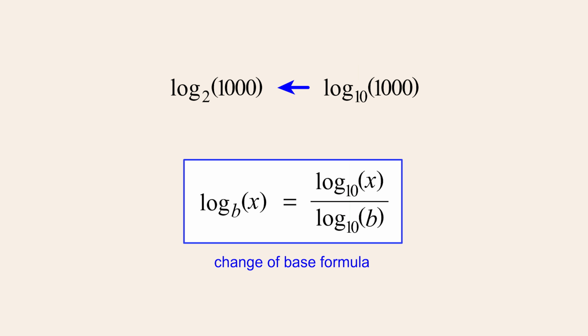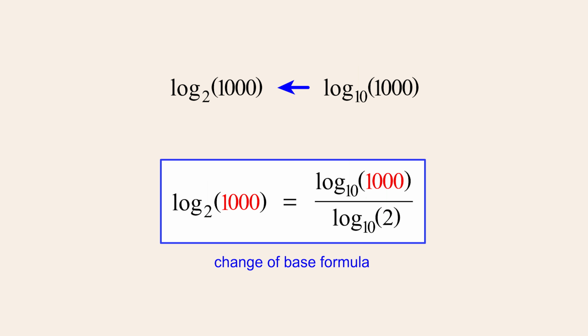The subscript b is the new log base 2, and x is the logarithm's input variable 1000. So we can now use this change of base formula to convert the base 10 log of 1000 to the base 2 log of 1000.